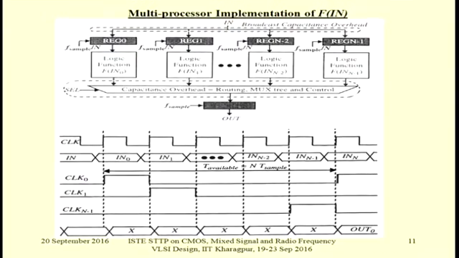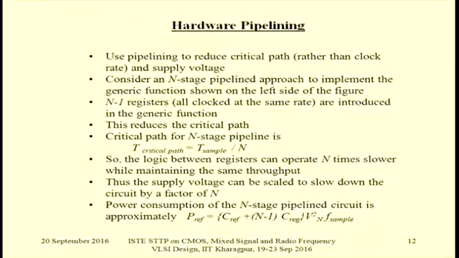So the multiplexer has this capacitance overhead, the routing, the multiplexer tree, and the control. So this will account for some power, of course. But still, by adopting parallelism, we can reduce the power. At the same time, maintain throughput which is approximately as much as we had got using uniprocessor implementation. So here the benefit that we get is that we can use lower voltage and maintain similar throughput.